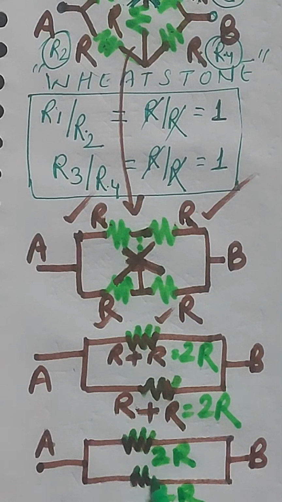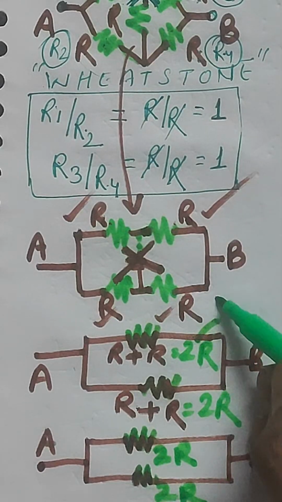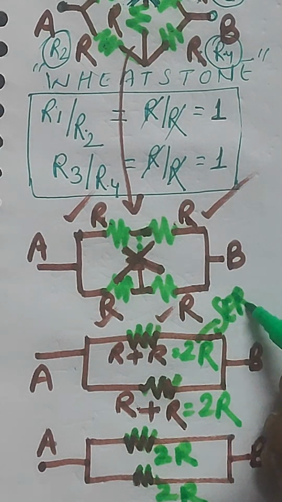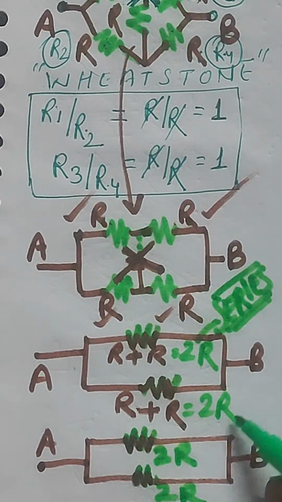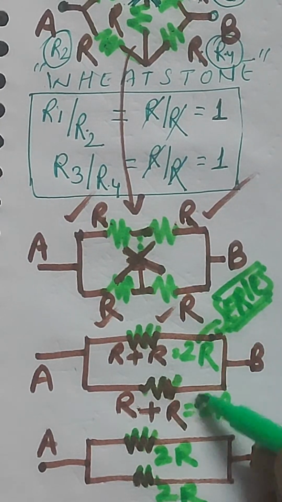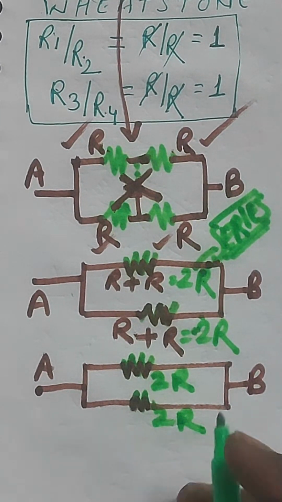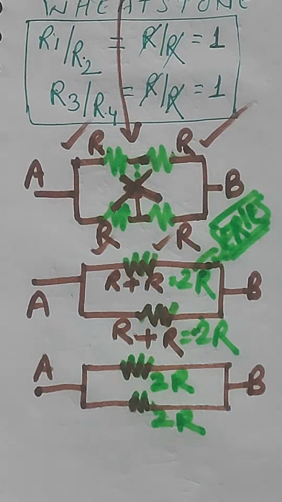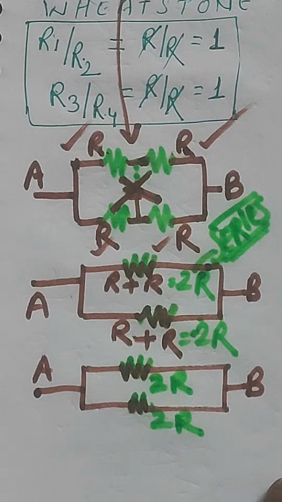So students, you can see here we have used the series formula in both the lines. Now this is the time to use the parallel one, because these two resistances of 2R and 2R are connected in parallel.